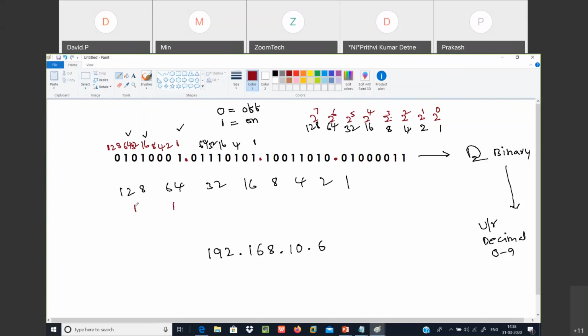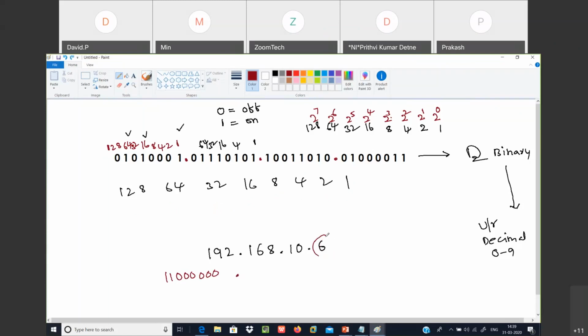So the 128 place is on, and 64 is on. Remaining all bits are off, 0. So 192 we can write as 11000000.